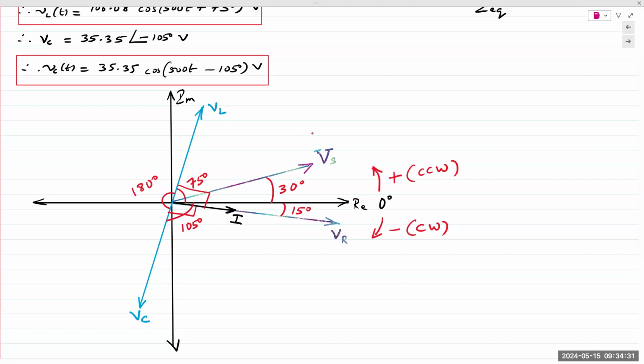It goes back to the fact that the resistor does not affect the phase of the incoming voltage or the incoming current. So the phase for a voltage and the current for a resistor is always the same. So if the current is minus 15, and the voltage for that resistor is also minus 15. VR is minus 15.